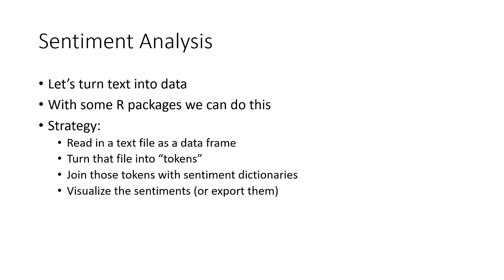Then we'll take the tokens, the individual words, and join them up with sentiment dictionaries. These are dictionaries that have associations between words. It's kind of like a word association game. So if you take the word jump, it might have an active association. Then we will export some of our results and do a little bit of plotting inside of R to see what kind of graphs we can get out of this.